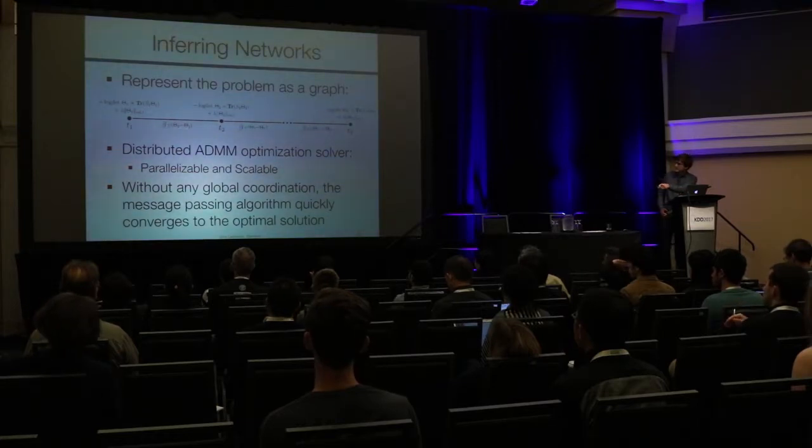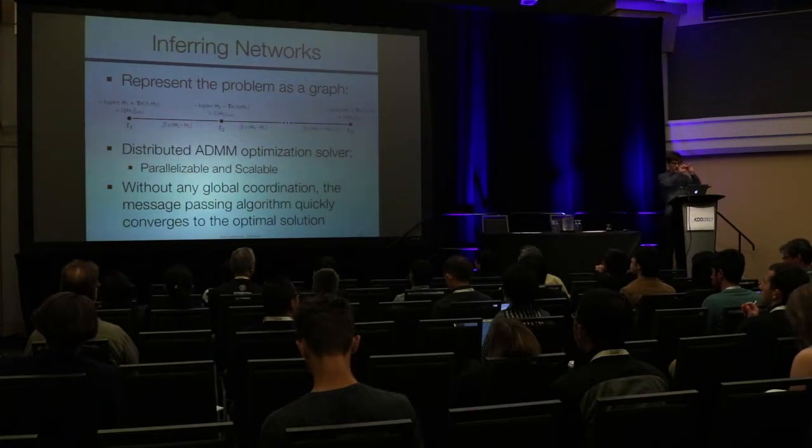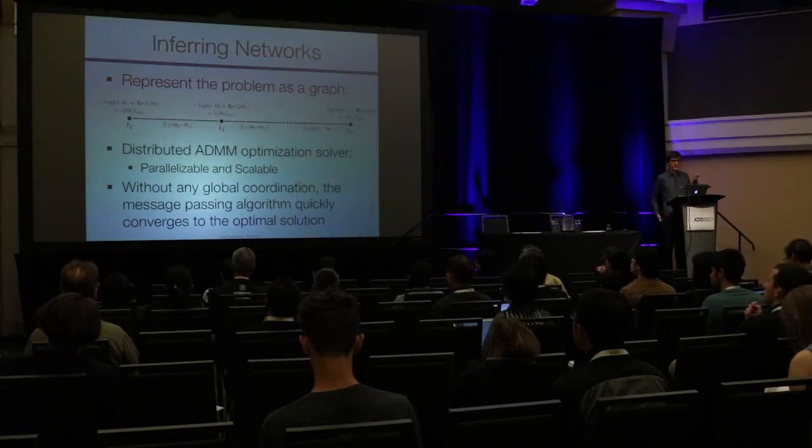And then we have these temporal consistency penalties as objective functions on the edges. And edges connect two consecutive networks, two consecutive time steps. So the number of nodes will be the number of time steps, where for every time step I want to infer a network, and between the nodes, the edges say that two consecutive networks have to be similar according to this temporal consistency penalty function I was just talking about.